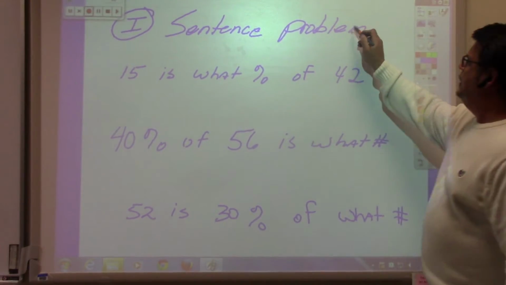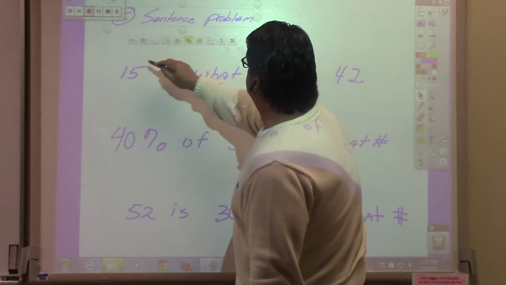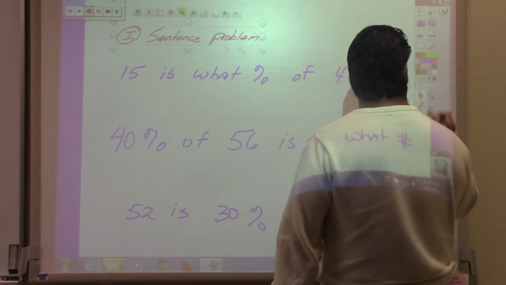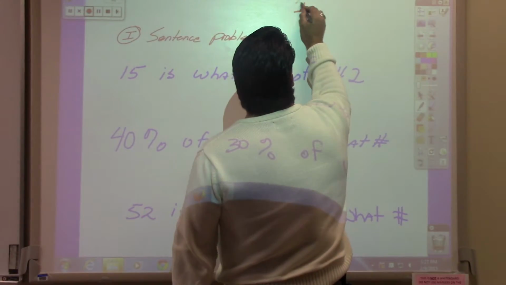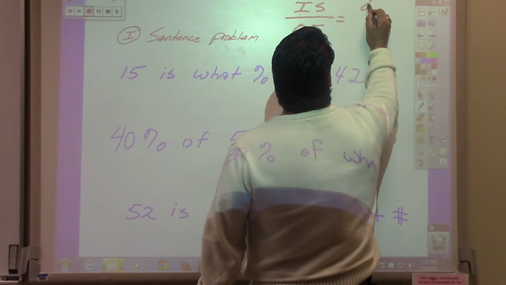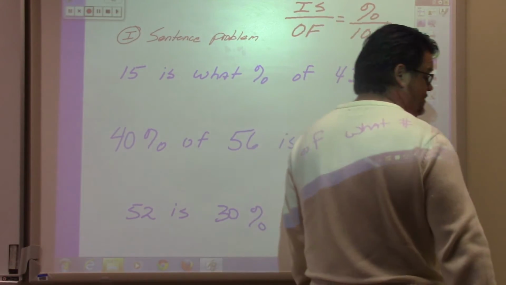And that formula is what? Is over of equals percent over 100. That's the formula.